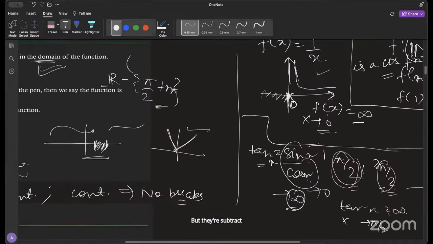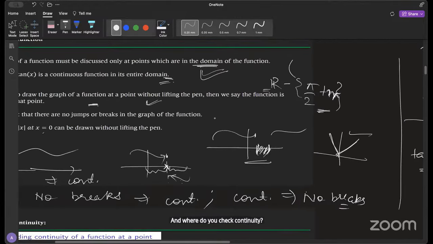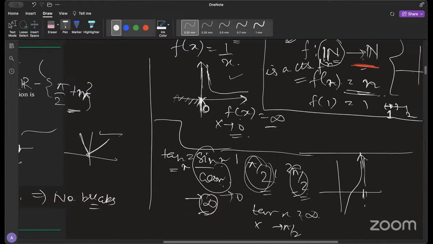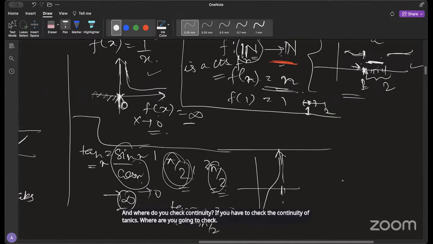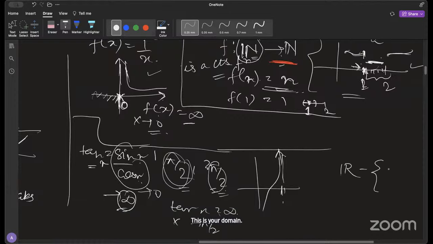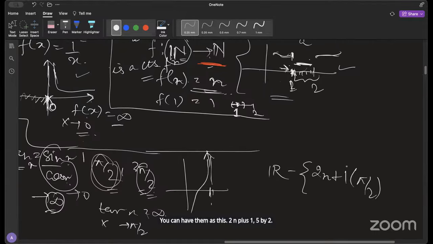So this is not even in the domain. And where do you check continuity? If you have to check the continuity of tan x, where are you going to check? This is your domain: R minus all the odd multiples of pi by 2. You can write them as 2n plus 1 times pi by 2. We subtract all these.